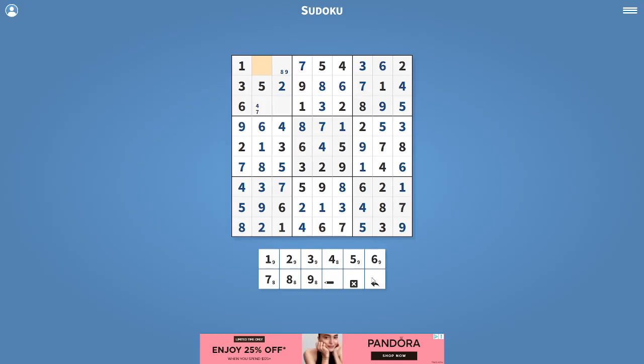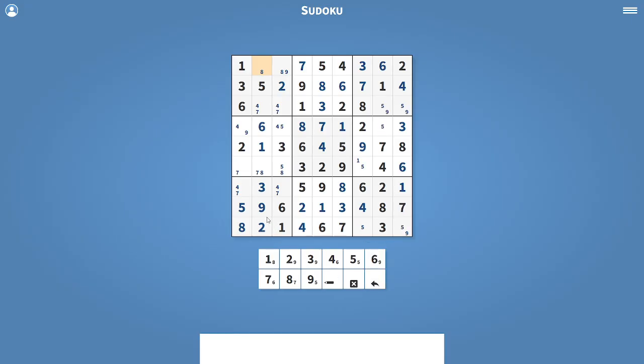Oh, I messed up. What did I mess up again? Oh, this was just 8 and 9. 8, 9. Which has a 4, so that's 7. Okay. What am I doing wrong here?